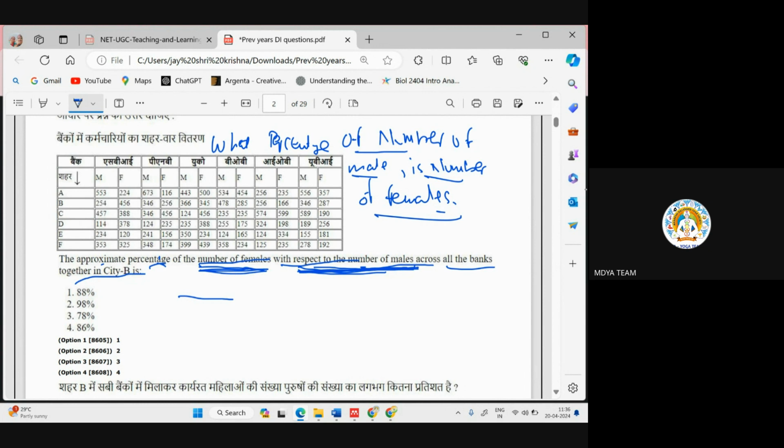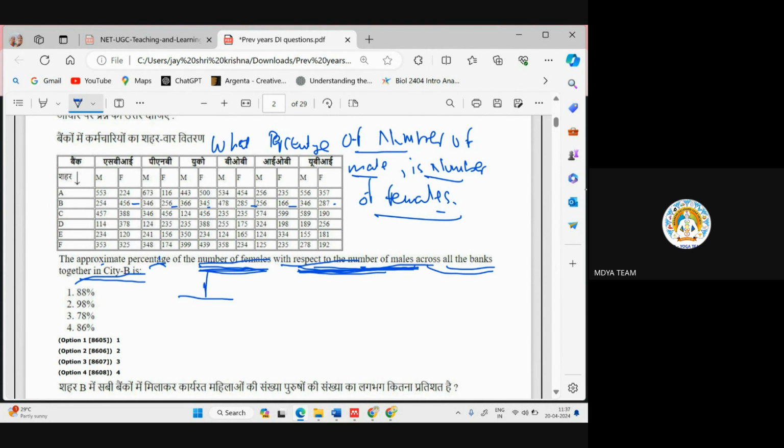So here what will we write in the numerator? Female. Female we will write across all the banks together in city B. So we will just sum up all the females in city B. Like we will add this, this, this, and this. And we will write that number here.